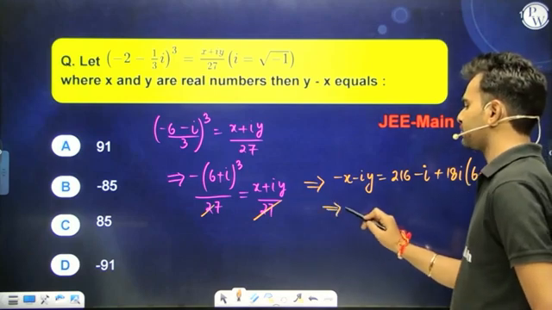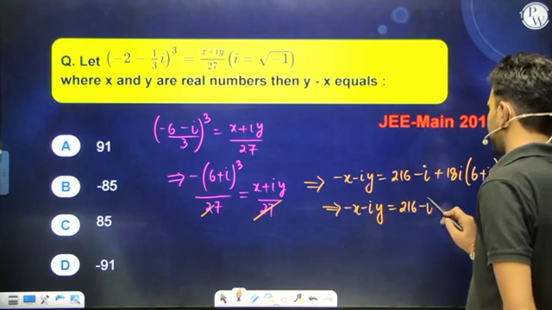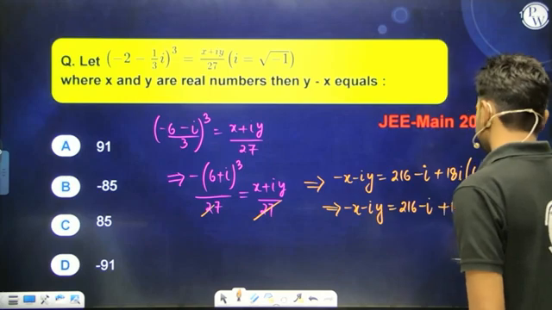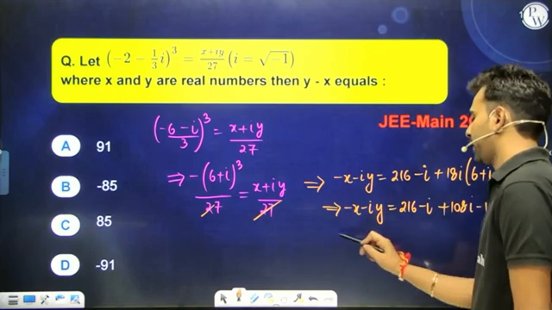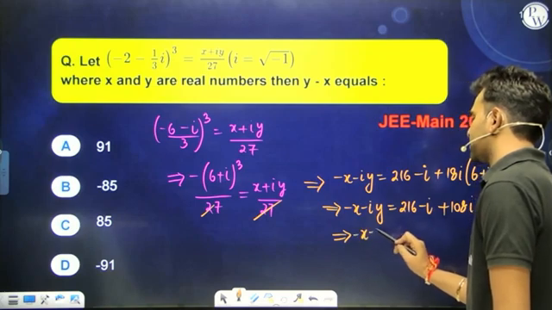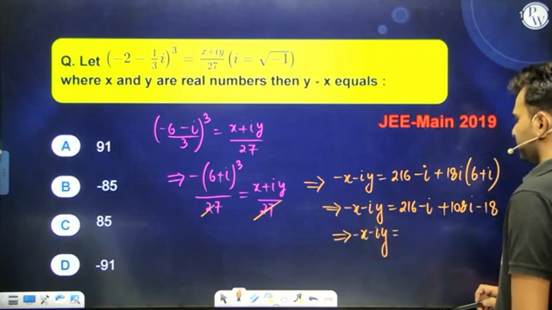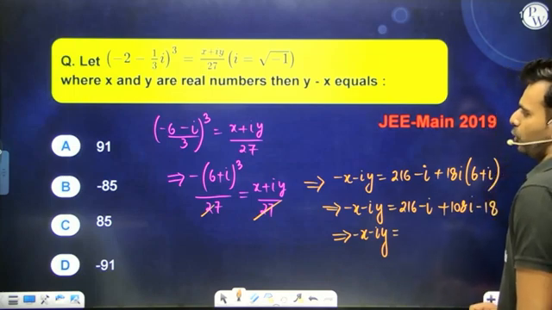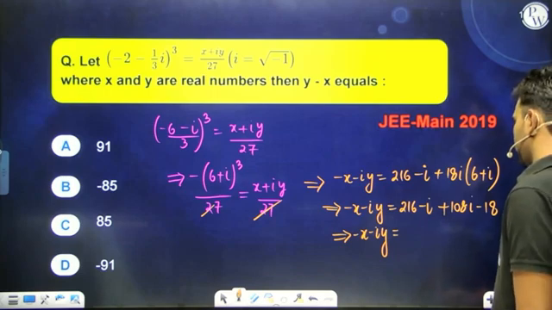Okay, then the same expression can be written as 216 minus iota plus 18 times 6 is 108 iota minus 18. Okay, so over here minus x minus iy can be written using (a plus b) whole cube is equal to a cube plus b cube plus 3ab (a plus b), right?